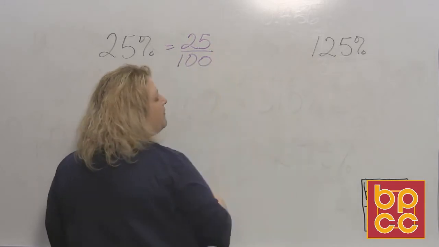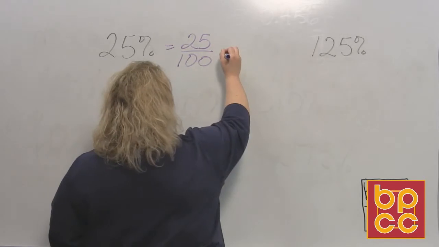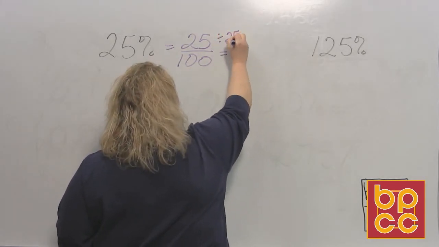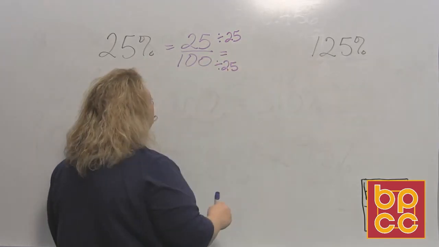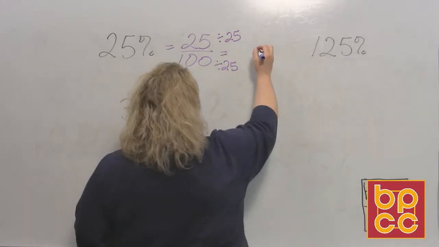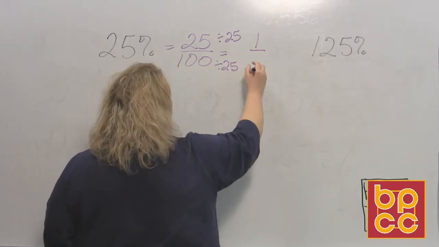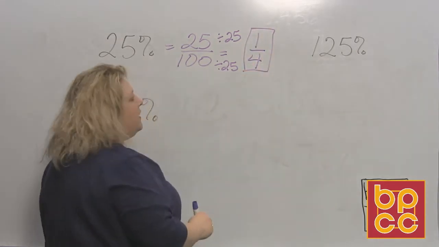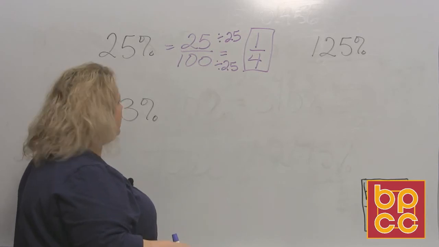So 25 is like a quarter, 100 is like a dollar, so I can divide both by 25 because it's like money. 25 divided by 25 is just 1. 25 divided into 100 is 4, like 1/4. So 25% is like saying 1/4, which is 1/4 out of a dollar.